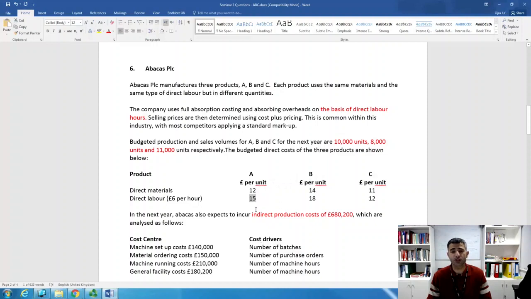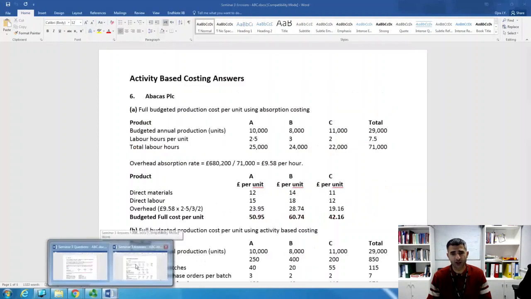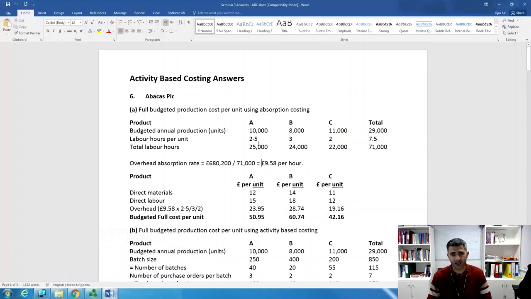If you divide 15 over 6, which is £6 per hour, 15 divided by 6, 18 divided by 6, and 12 divided by 6, in this case you should be able to find the direct labor hours per unit for each one.